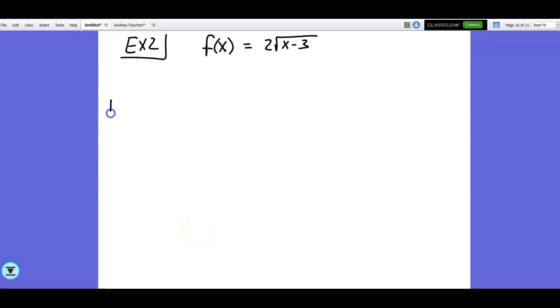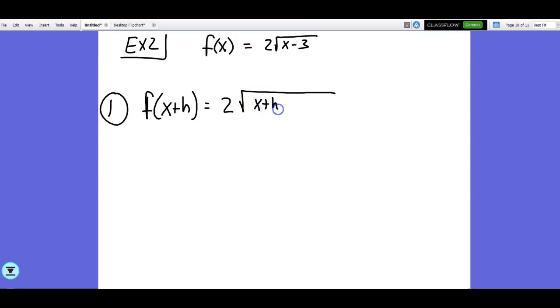So step 1 is going to look pretty similar to what we've been doing. And there you go. That's it for that. Just replacing this x here with x plus h, and everything else stays the same. Step 2 is going to look pretty similar to what we've been doing, that is.